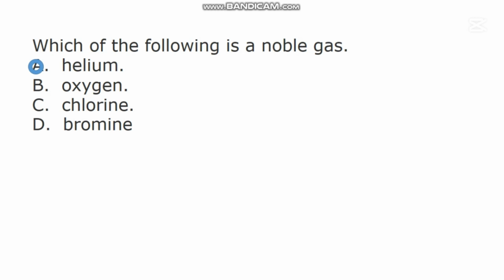So helium is one of the noble gases. This helium is called a noble gas because it does not undergo a reaction like other atoms like sodium, calcium, and other atoms. There are many elements that belong to group 0 or group 8 in the periodic table. These elements that belong to that group are all called noble gases. They can also be called rare gases because they don't undergo reactions like other atoms.